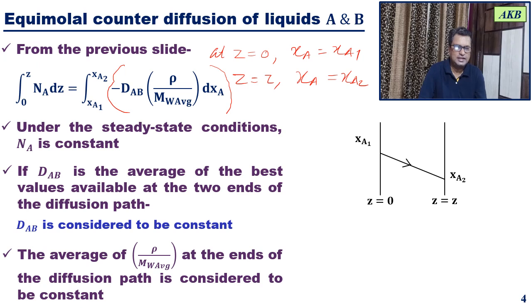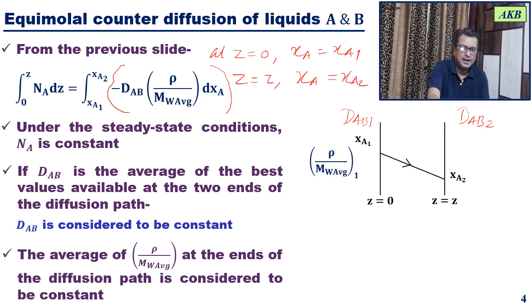Let us say DAB1 is the best available value of DAB at z is equal to 0, and DAB2 is the best available value of DAB at the plane z is equal to z. Then DAB is the average of these two values: DAB1 plus DAB2 upon 2, the simple arithmetic average of the two.